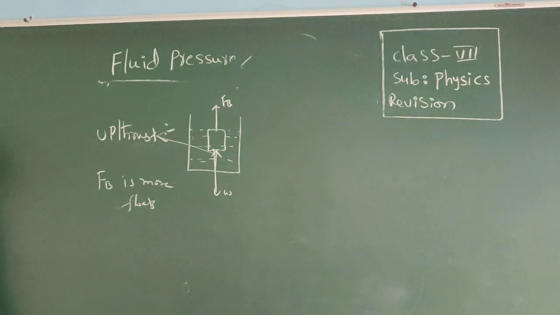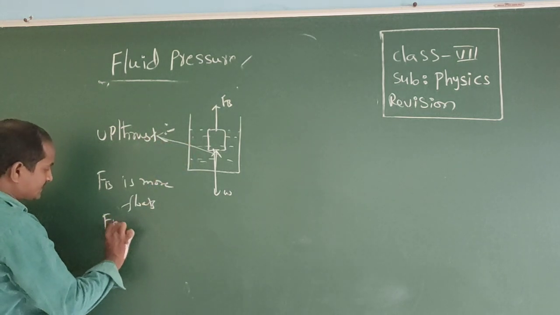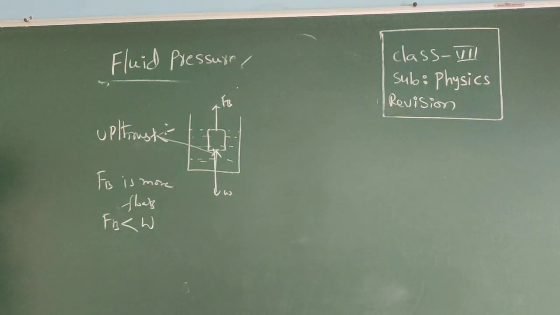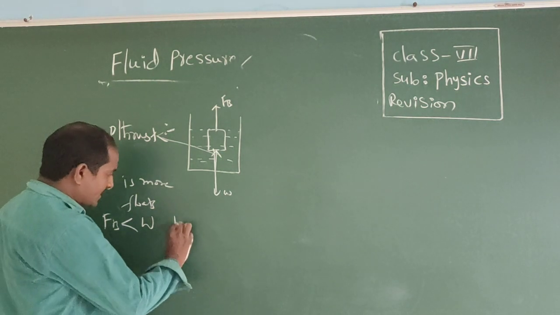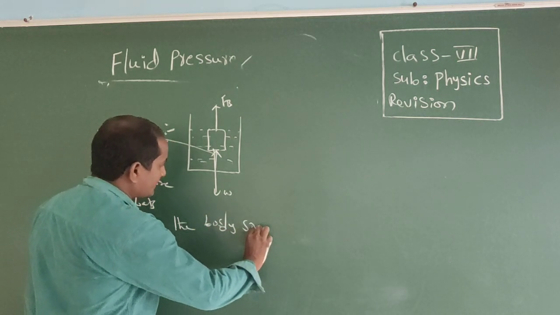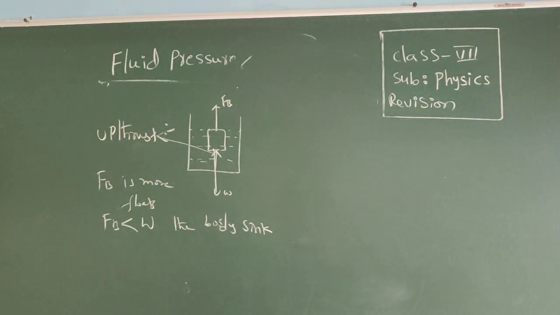If FB is less than the weight of the body, then the body sinks. It is the upthrust.